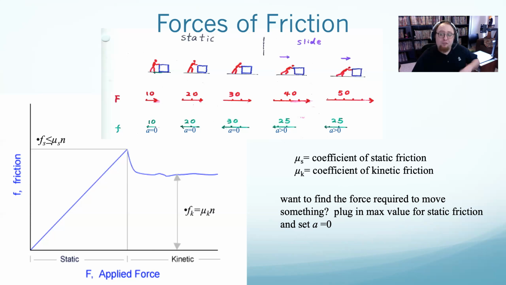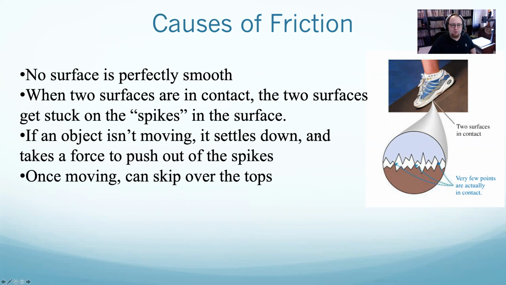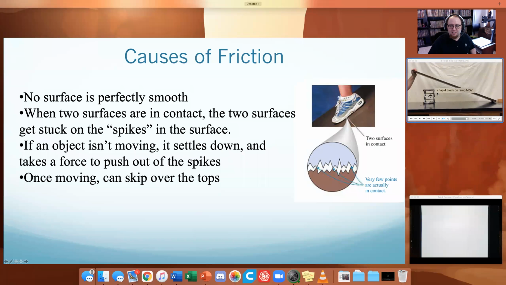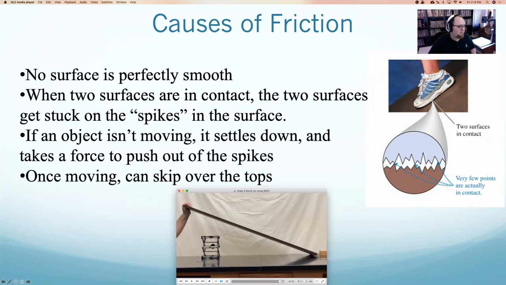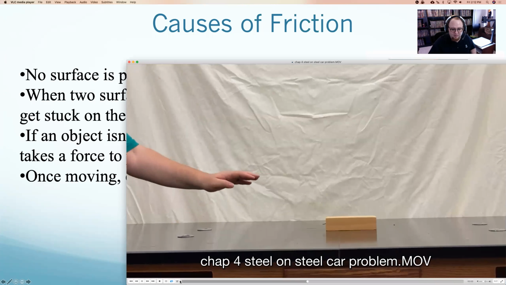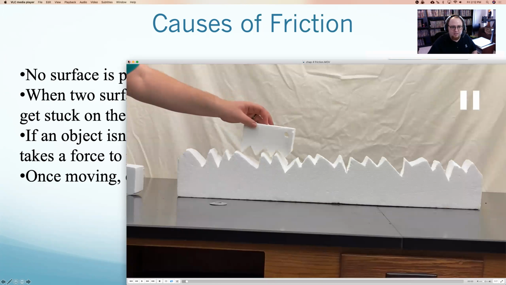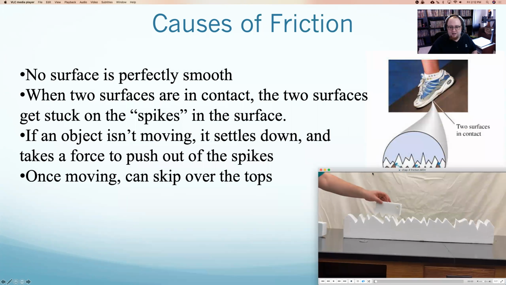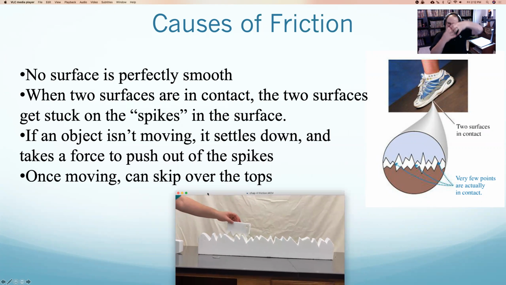Okay, so what friction is, why friction exists, is that no objects are perfectly smooth. All objects on the microscopic level and some on the macroscopic level are jagged. If you zoom in on an object, it'll always look like it has teeth and be jagged.